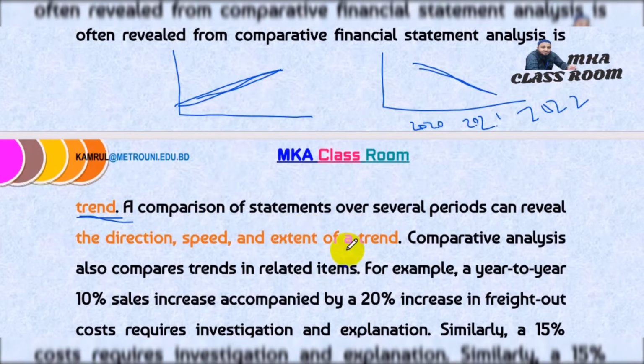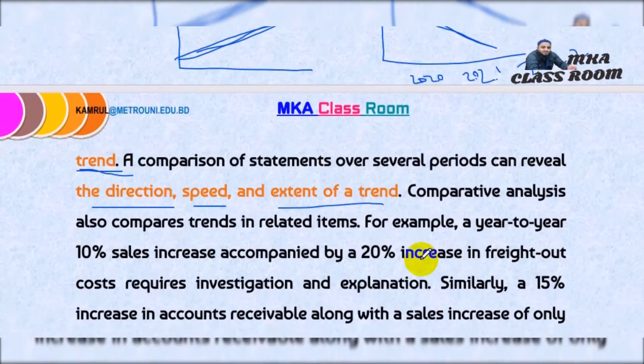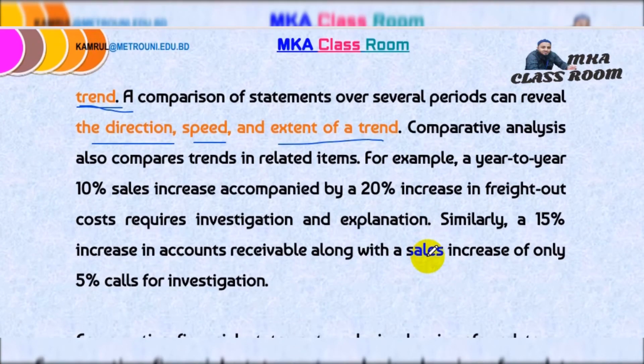A comparison of statements over several periods can reveal the direction, speed, and extent of a trend. Comparative analysis also compares trends in related items. For example, a year to year 10% sales increase accompanied by a 20% increase in freight out cost requires investigation and explanation.